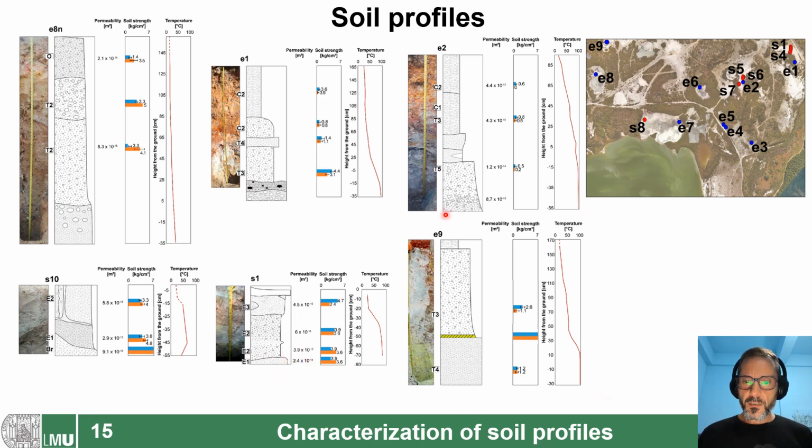In these other two cases, here in section or profile S1 and soil section E9, we can see instead the effect of the presence of levels which have a lower permeability close to the surface. In this case, we have a series of excavated material, where the dominant part on the top is ash rich, and in the middle part we have soil dominated by a completely sealed level cemented by native sulfur.